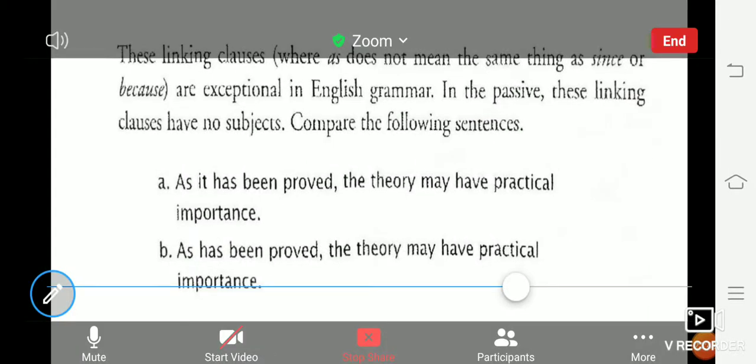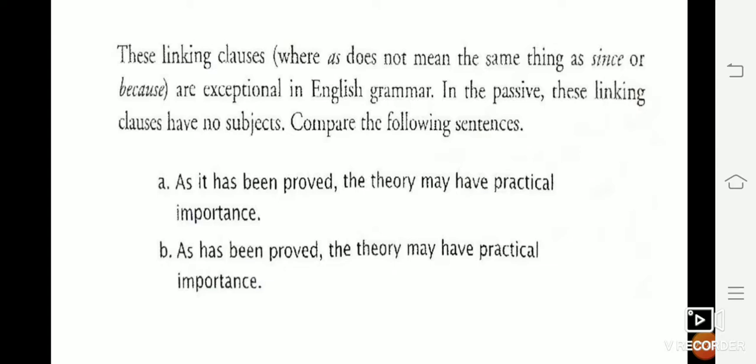Okay. Now let's continue here. These linking clauses, where as does not mean the same thing as since or because, are exceptional in English grammar. In the passive, these linking clauses have no subject. Compare the following sentences. As it has been proved, the theory may have practical importance.